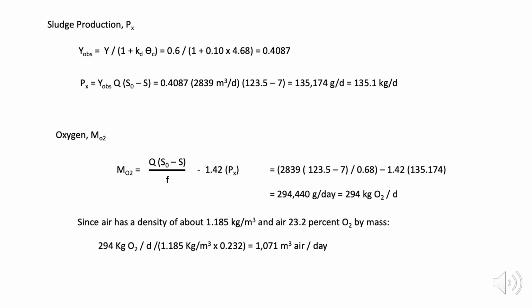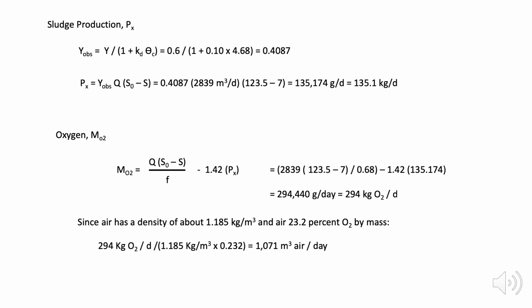So knowing those two things, I can convert this 294 kilograms of oxygen to how much air would have that much oxygen in it. And as it ends up, it would take about 1,071 cubic meters of air to give 294 kilograms of oxygen. That's how much air we'd need if every little bit of oxygen in the air that we bubbled into the system went into the water.